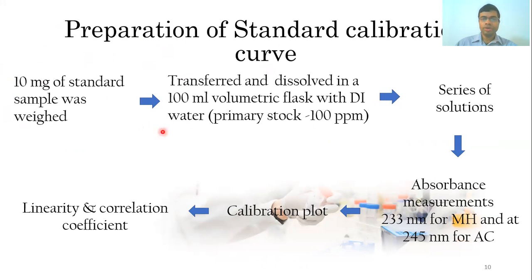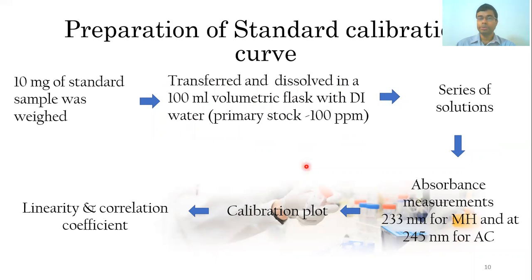So this is how we prepare our standard calibration curve. 10 milligrams of the standard sample was weighed. The standard sample was provided by one of the government agencies in Sri Lanka, because you can't purchase standard samples from anywhere you want, because they are not available in the market. These 10 milligrams were transferred and dissolved in a 100 milliliter volumetric flask with deionized water.